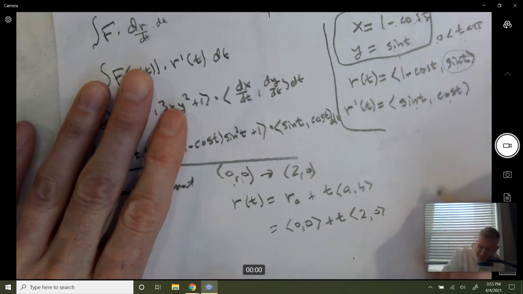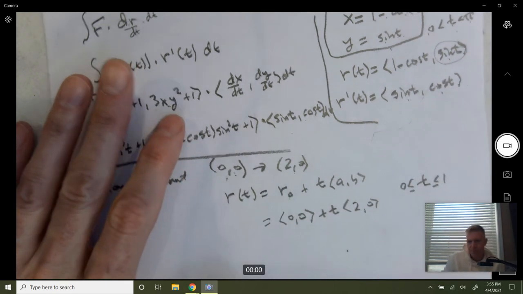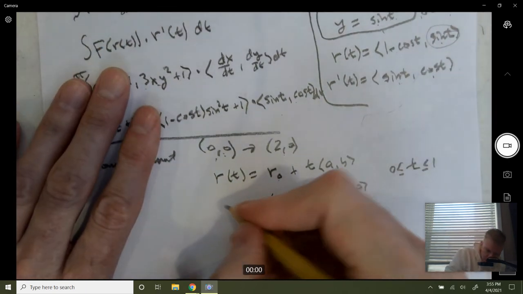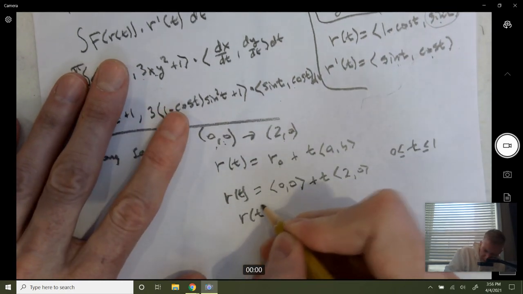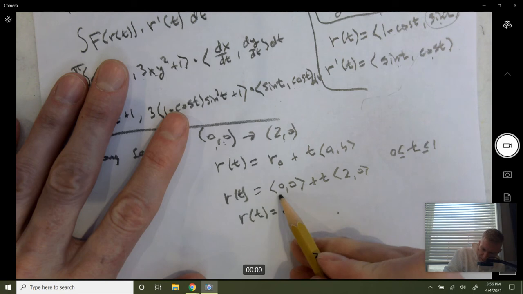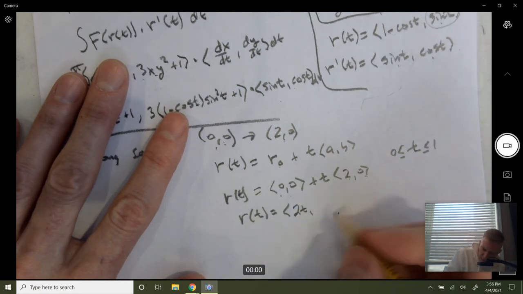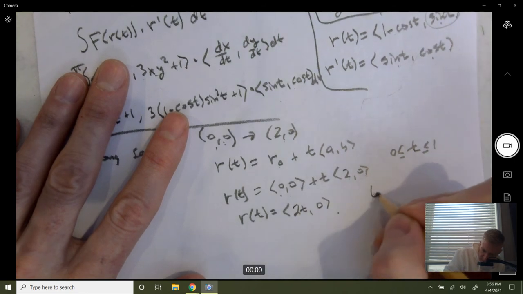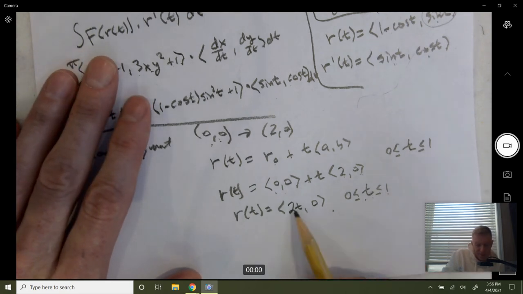Whenever you do it this way, your t is always going from 0 to 1. So r(t): your x is just 0 plus 2t, your y is 0 plus 0t, and t goes from 0 to 1. When t is 0, you're at (0, 0). When t is 1, this is linear, and you get to the point (2, 0).